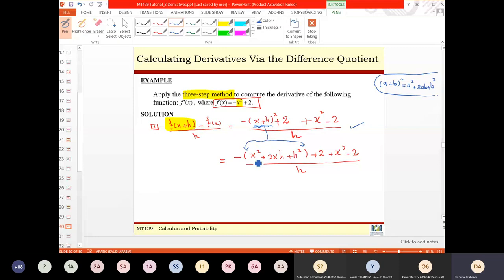It is x square h square 2x في ال h مربع الأول مربع الثاني 2 الأول في الثاني.